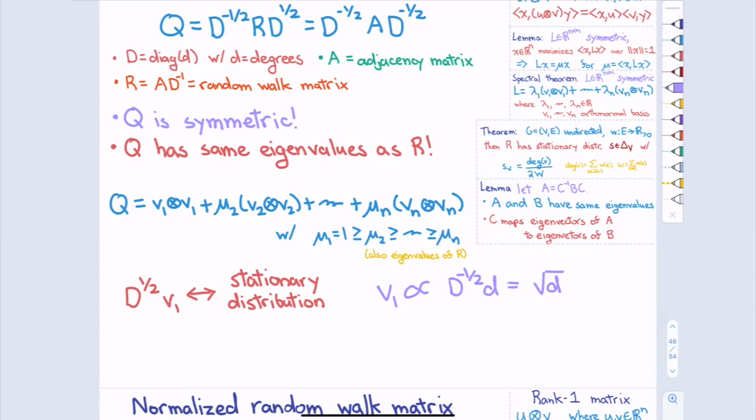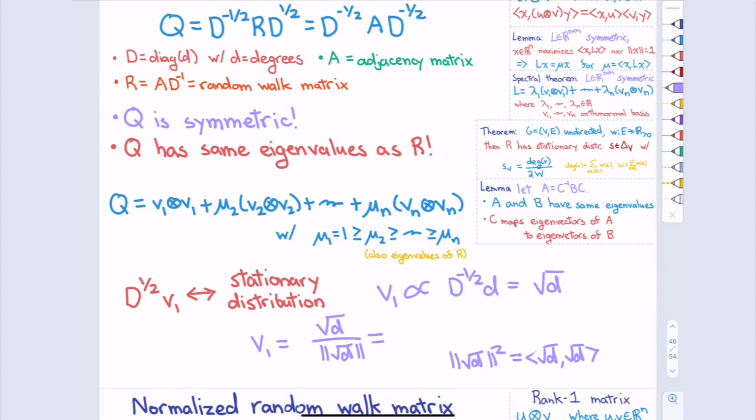The other thing I know about v1 is that it's normalized. So v1 should be equal to the vector of square roots, square root d, divided by the L2 norm of square root d, just to normalize the vector. This norm squared is the inner product of square root d with itself.